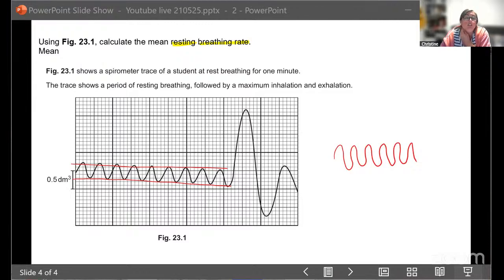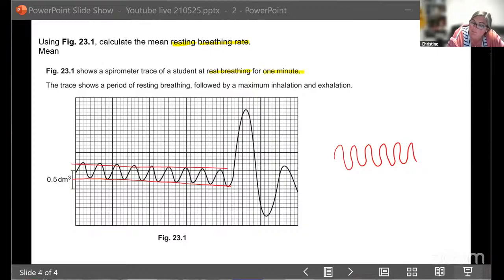So what we then need to look at is how many breaths we actually get per minute. So you want to say, okay, what have we got? This is all in 1 minute. It tells you a spirometer trace at rest, breathing for 1 minute.